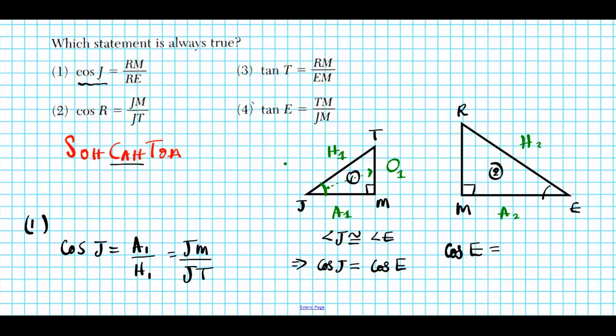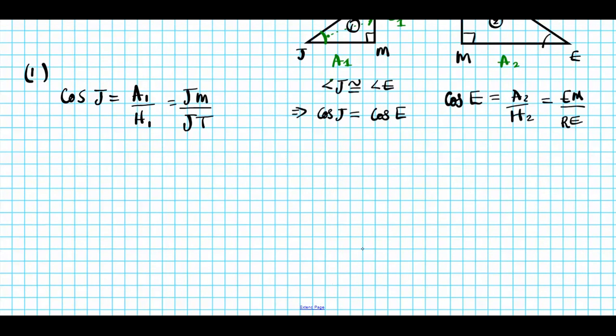So cosine E is going to be adjacent for triangle 2 divided by hypotenuse for triangle 2, which is EM over the hypotenuse, which is RE. Okay, so based on this fact, we can conclude that cosine J is equal to JM over JT and is also equal to EM over RE. Any of these ratios will work.